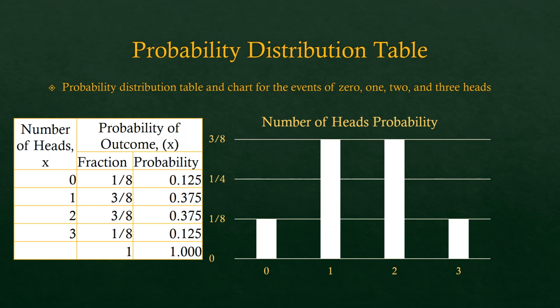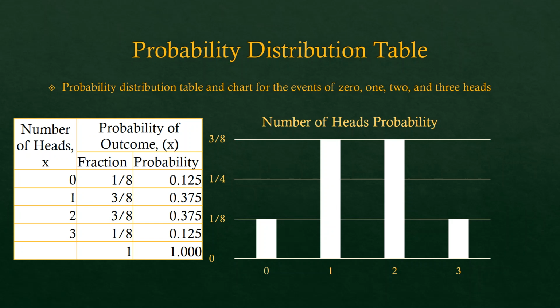And so you add the fractions together: 1/8 plus 3/8 plus 3/8 plus 1/8. You've got the occurrences of the desirable outcome divided by the total number of occurrences, which gives you the probability. You add all the probabilities up, it gives you 1, because there's a total probability of 1.